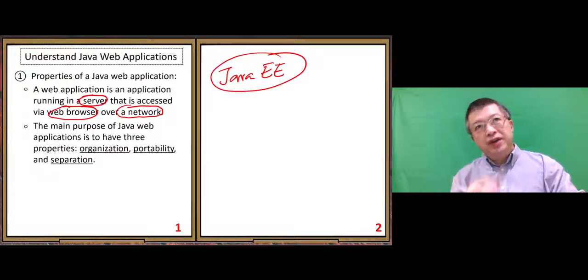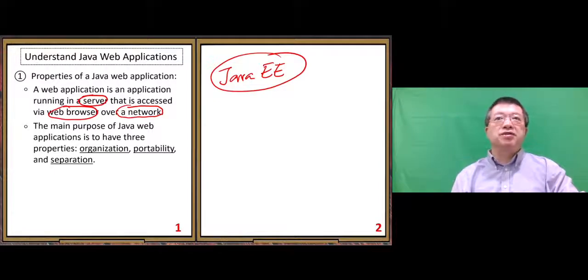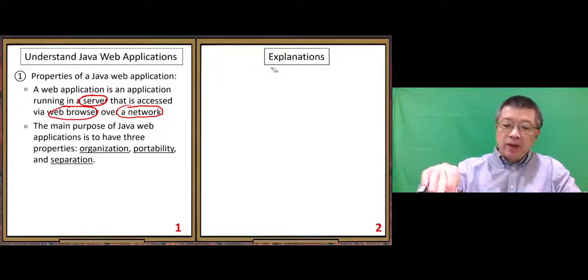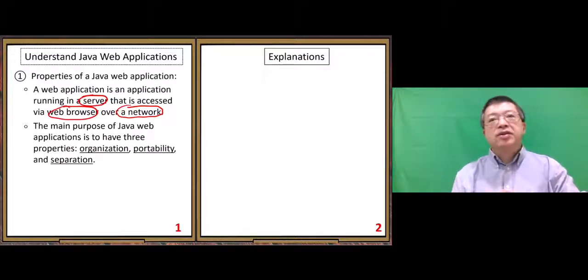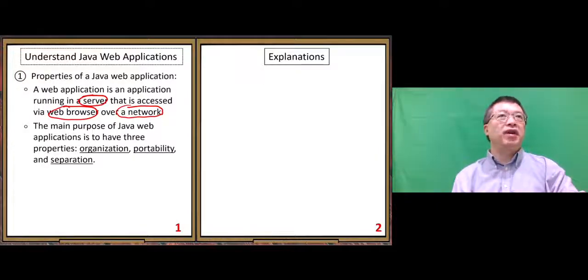So the designers of the Java EE technology, they try to set these properties for Java Web Applications: organization, portability, and separation in their design.